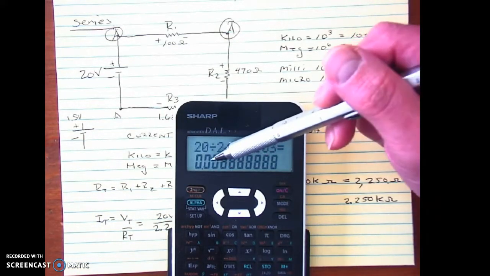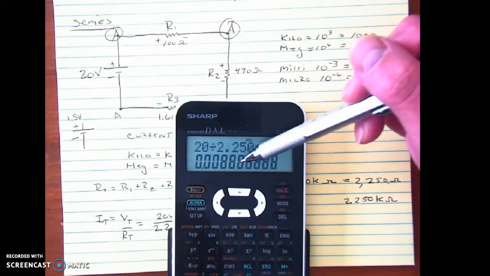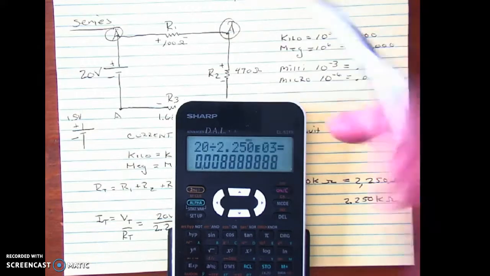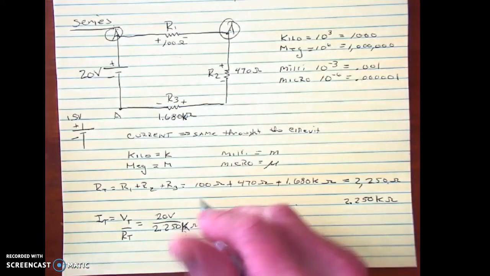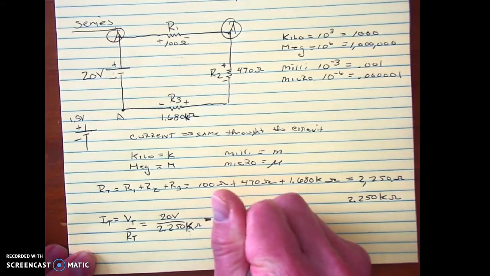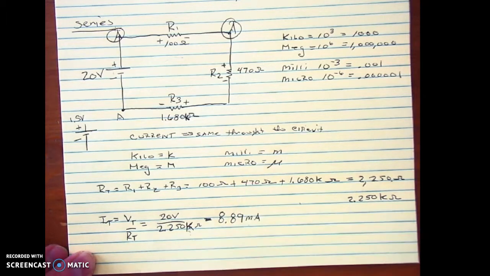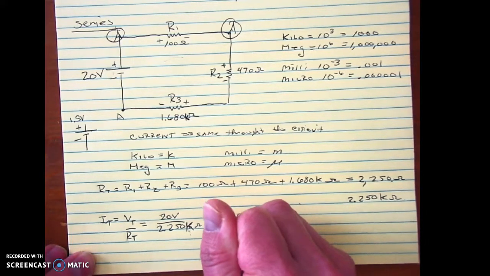So in this case, we're going to have 100 ohms plus 470 ohms. And I'm going to actually change this to 1.6, just so you can see this, 1.6K, so we can actually use the kilo. And I'm going to have 1.680K ohms. You notice I'm using the omega symbol for ohms.